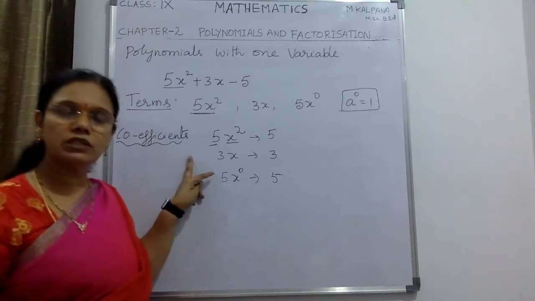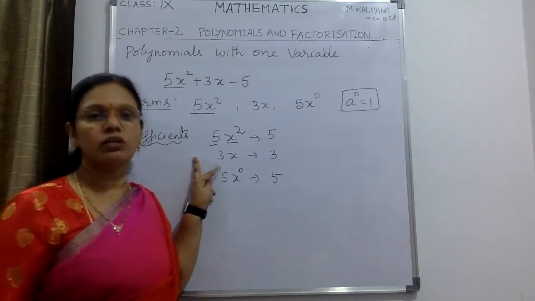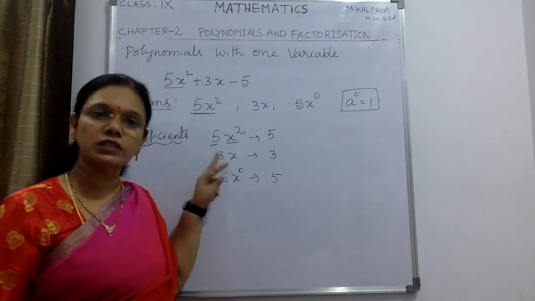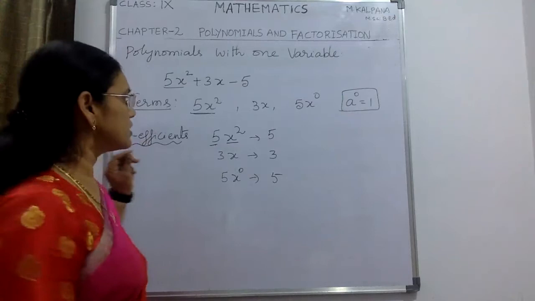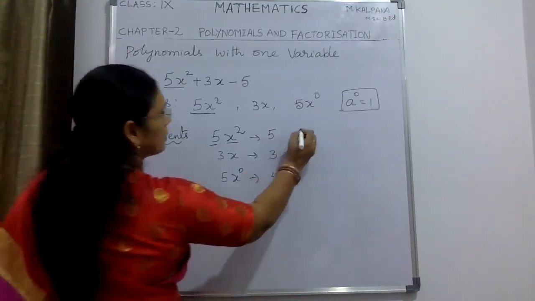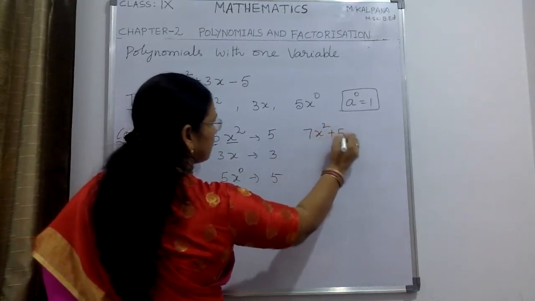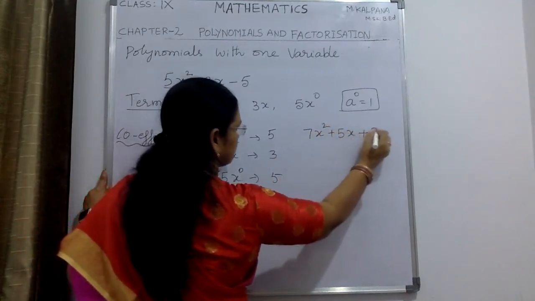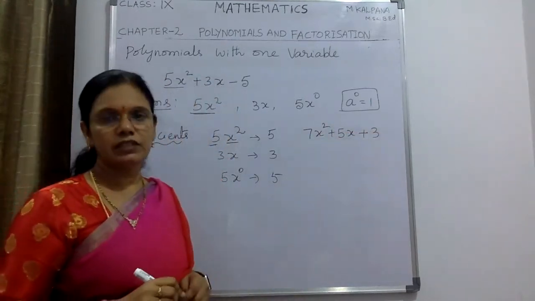What are the coefficients? The constants which are multiplied to the given variables are called coefficients of those variables. Suppose, let us take another example: 7x square plus 5x plus 3. What is the coefficient of x square? It is 7.